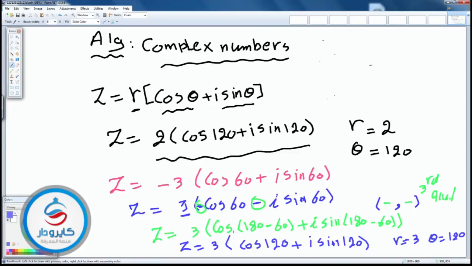But take care, this is the third quad, it must be 180 plus. So is that make any change? Yes, the angle will be not 120, it will be 240 and this will be 240. معنى كده ان الثيتا هتبقى 240.